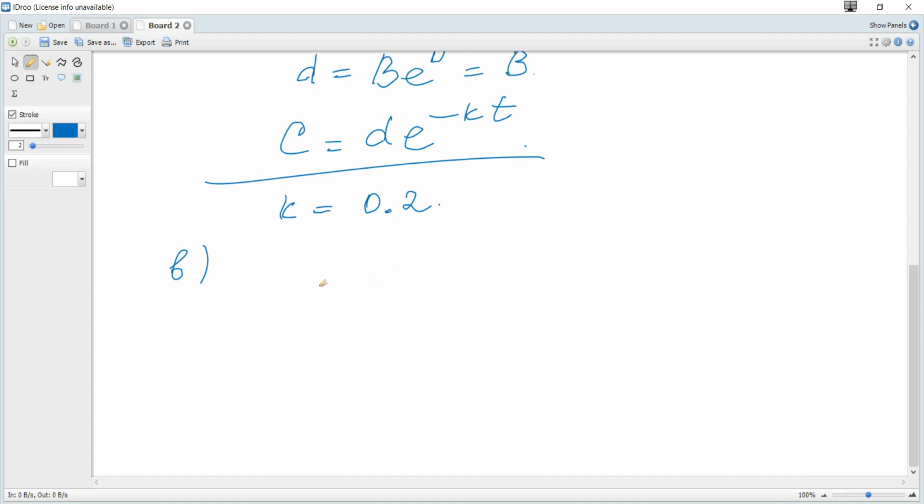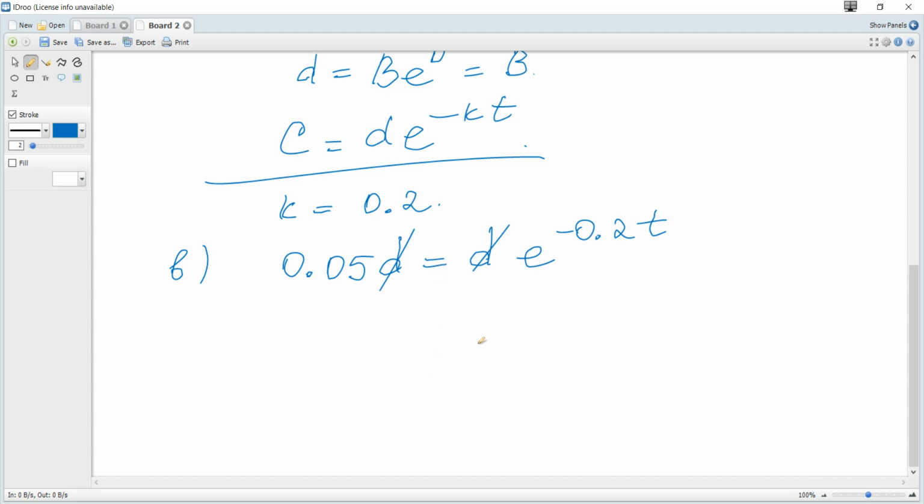And question B: find the time in hours for this drug to reach 5% of its initial concentration. So we should find t when concentration is 0.05 of D, just substituting for C, and it's D e to the negative 0.2 t, and we need to solve for t. You can see that D cancels.